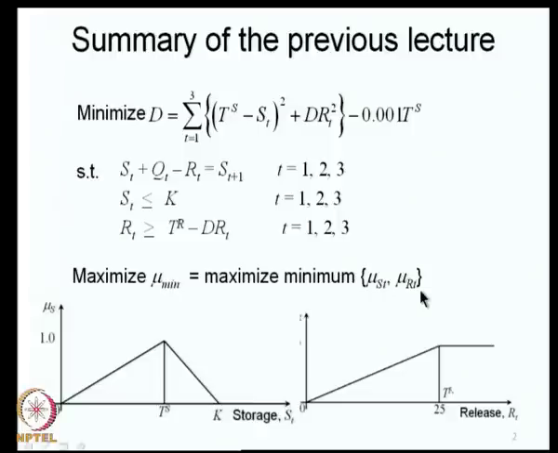So, this is the way we formulated the fuzzy optimization problem. We looked also at the comparison of solutions that we obtain from the fuzzy optimization problem with the crisp optimization problem for another example problem.